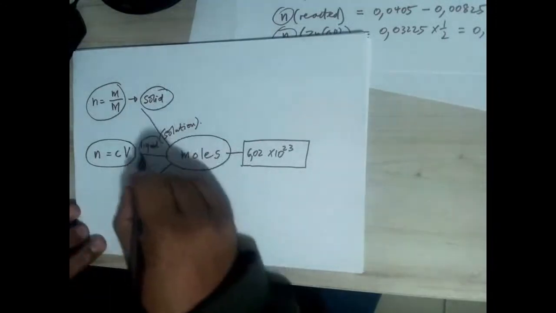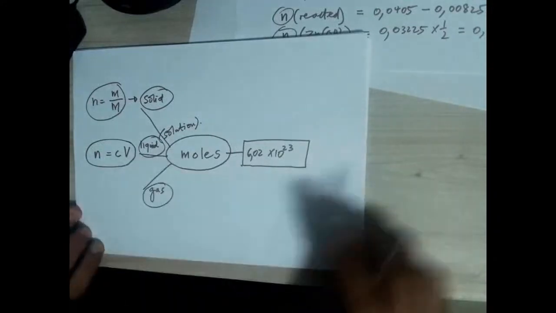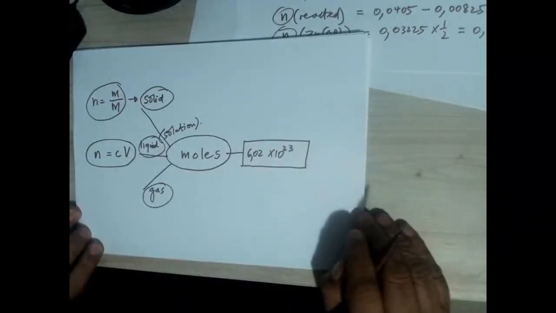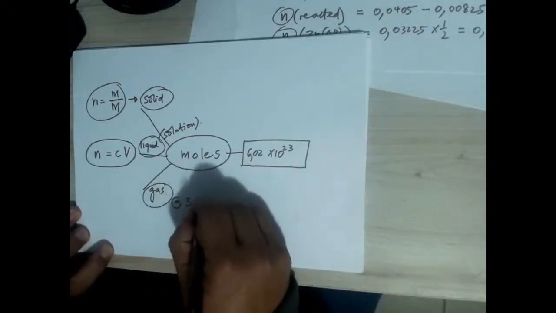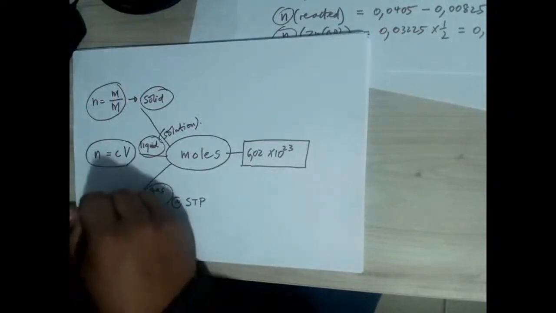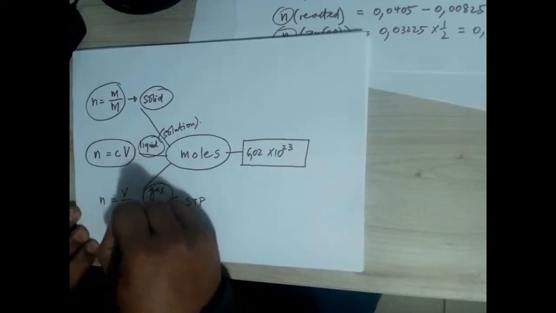And of course, the other state of matter is a gas, and this only happens at STP. We have moles is equal to volume over molar volume.